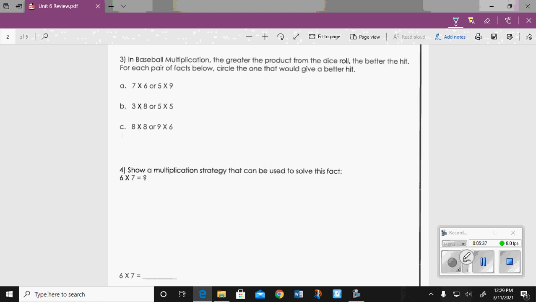Well, I know that 7 times 6 is 42, and 5 times 9 is 45, so the 5 times 9 is going to give me a better hit. All right, let's go down to the next one. 3 times 8 is 24, and 5 times 5 is 25, so my 5 times 5 is my better choice.